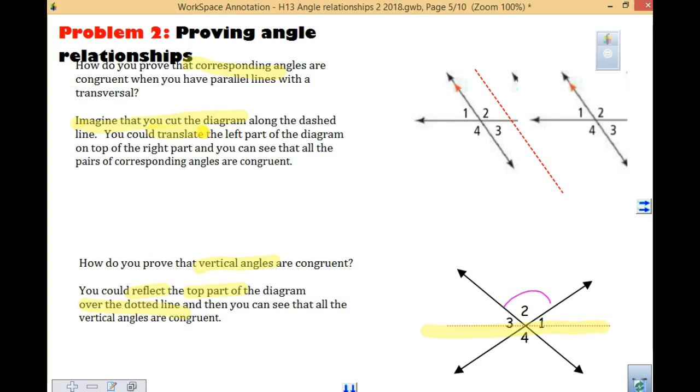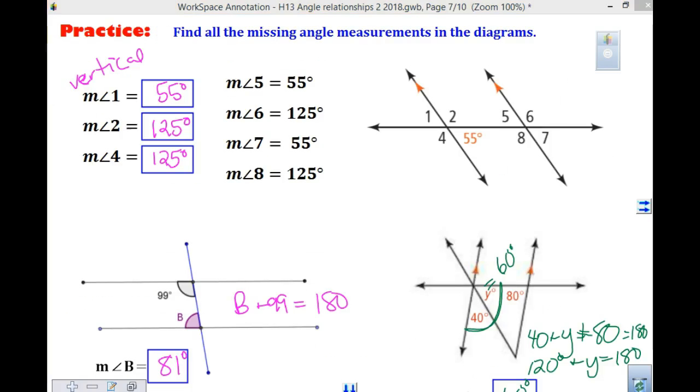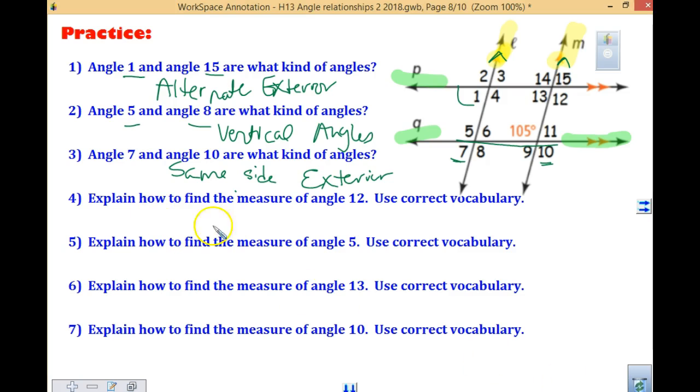This is the page right here that you're going to want to use when you do your homework. We're not done with this one. We need to finish these last few questions. As we are finishing, it's going to ask you to explain how to find the measure of angle 12. So 12 in relation to 105.